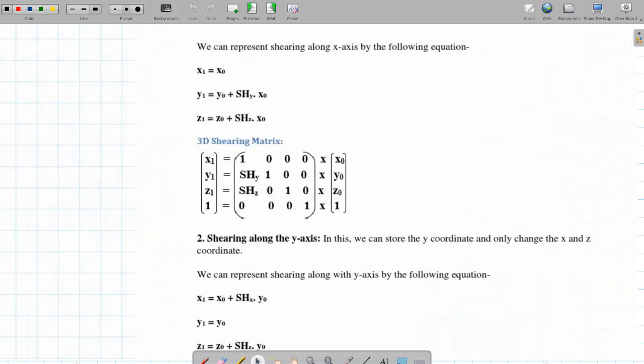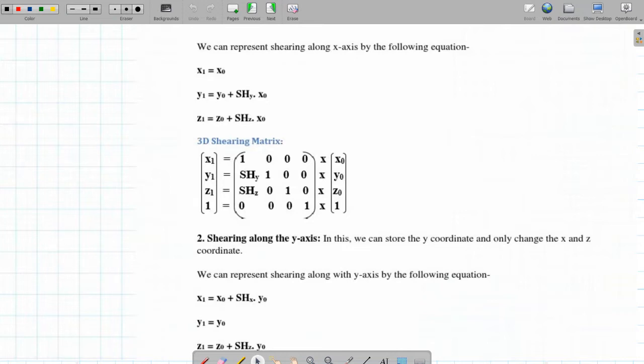So the assumption is that before you apply shearing transformation, your original coordinate values are x0, y0, and z0, and shy and shz are the shearing transformation factors for y and z coordinates.